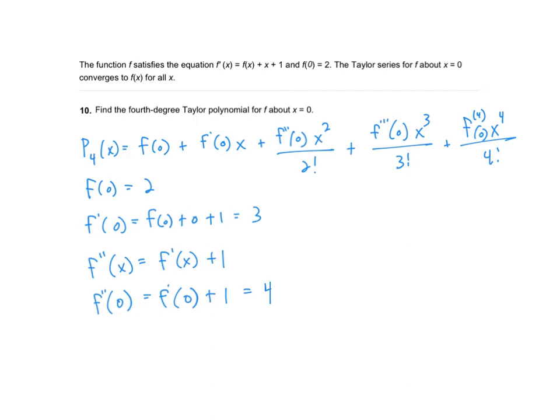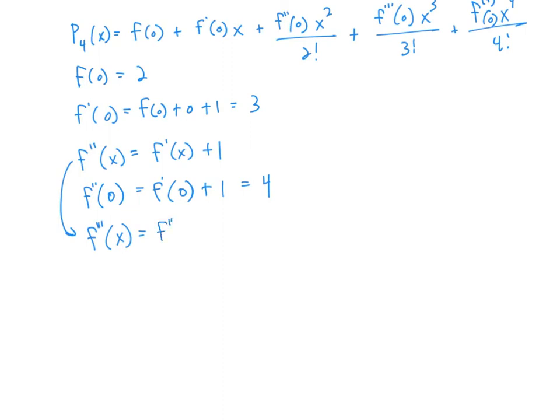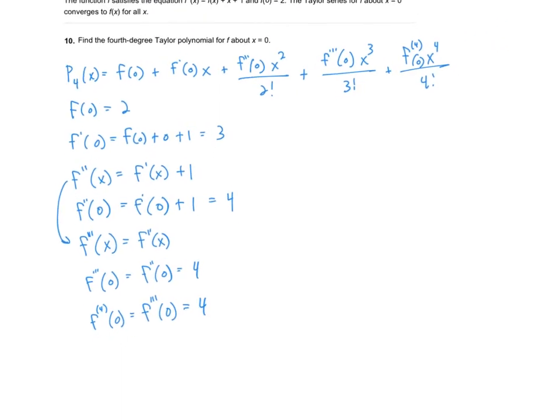We'll do the same thing: take the derivative of this to get the third derivative, and that's just the same as the second derivative. So the third derivative at 0 is the same as the second derivative at 0, which is 4. The fourth derivative at 0 is the same as the third derivative at 0, and that's also 4.